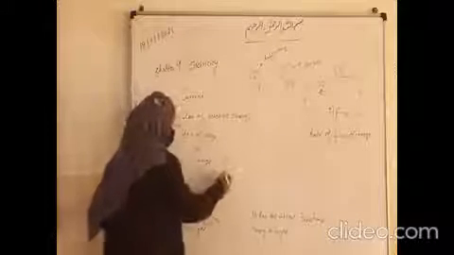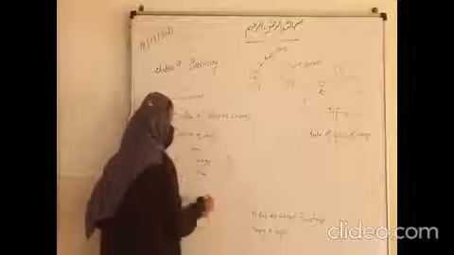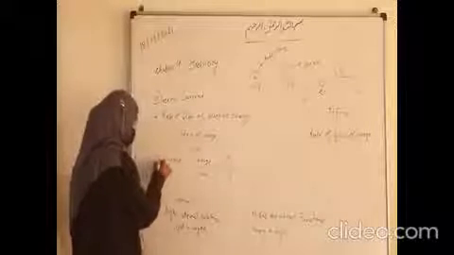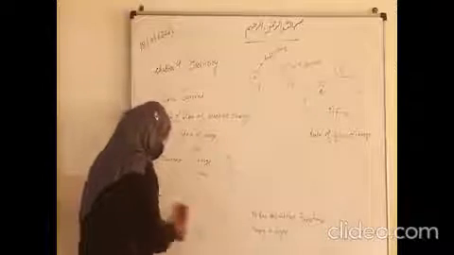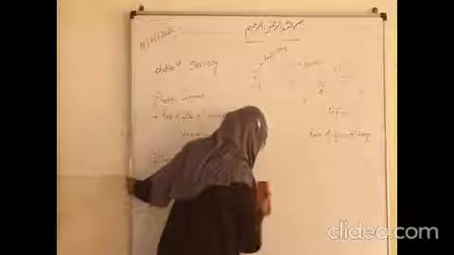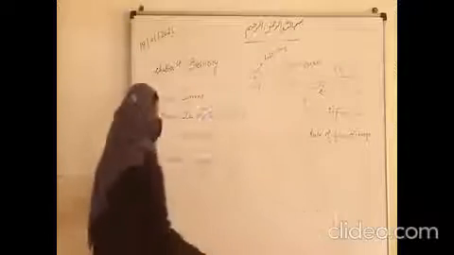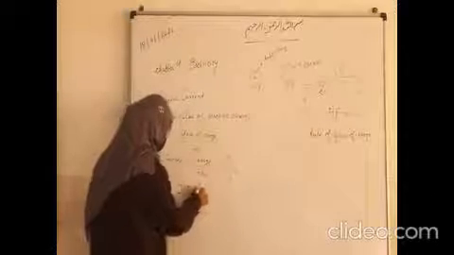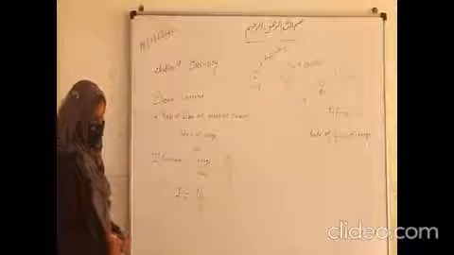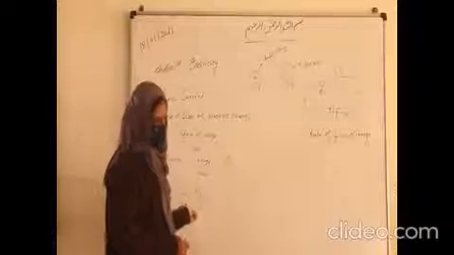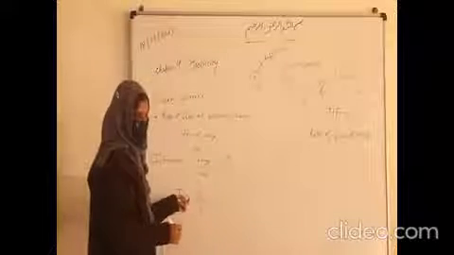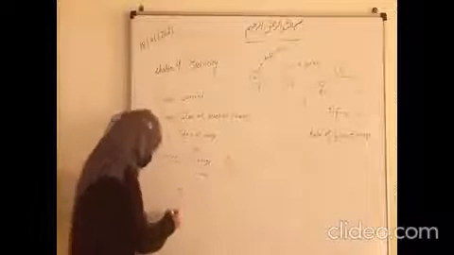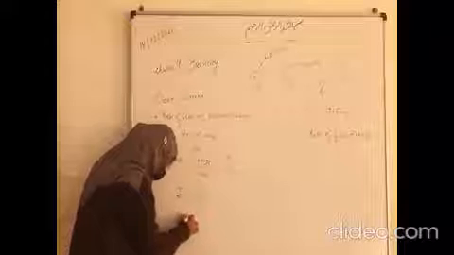That is Q. Time is represented by T, and current is represented by capital I. So I equals Q upon T is the formula for finding the amount of electric current in any circuit, where Q is the symbol of charge and T is time. So what is the unit? First of all we will see the unit of current.